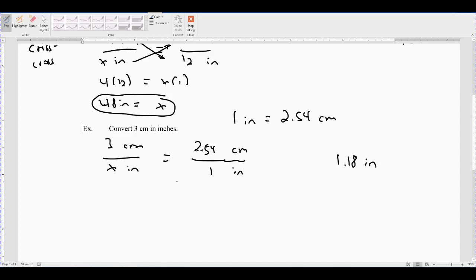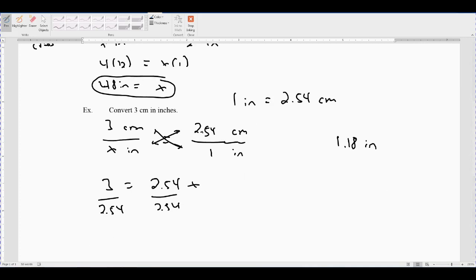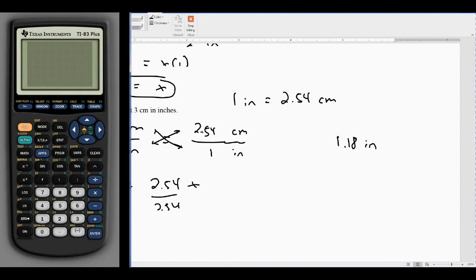Cross multiply. 3 times 1 is 3. X times 2.54 is 2.54x. Crisscrossing. And then I divide both sides by 2.54. And probably the same thing I've already done.